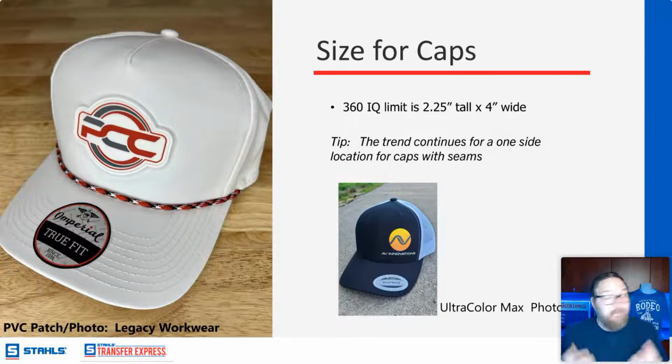And then most heat presses too, right? Not just the garment, but we're looking back to the technology and the equipment that we have, and you need to make sure that we are fitting on our press itself. So the IQ 360, that awesome lower heated platen, does start to round off at the back, so I stay within that 2.25 inch range.